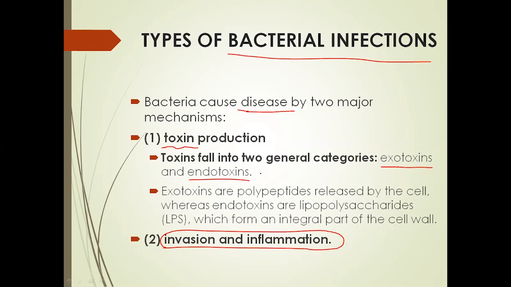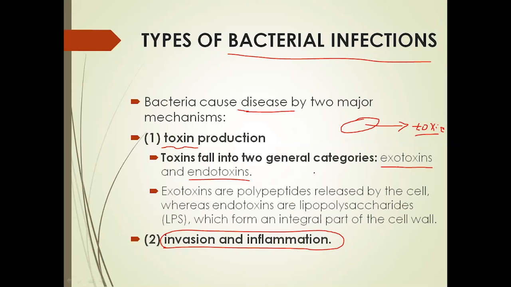And outside toxins, the bacterial cells can release some toxins into their environment. These toxins can even circulate with the blood to other parts of the body. So that's also another toxin for the human body.